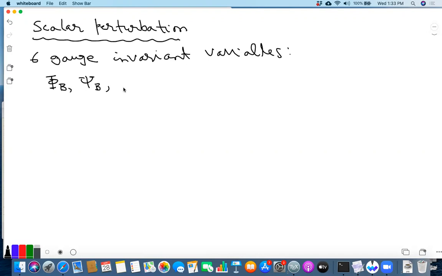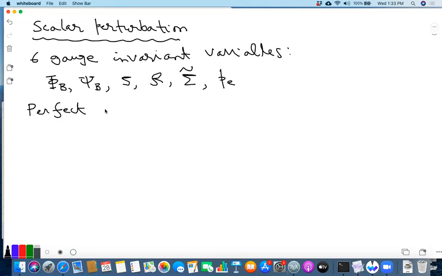These came purely from the metric. And then there are other variables which came from the stress tensor, a combination of the stress tensor and the metric. So these were the 6 gauge invariant variables if you don't make any further assumption, but then we made some assumption about the energy momentum tensor.